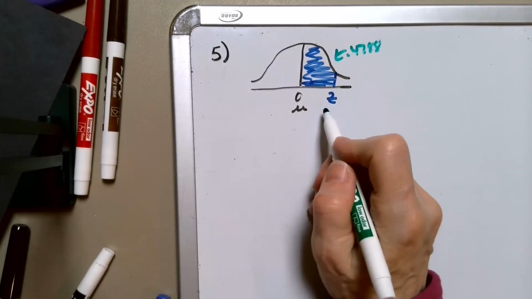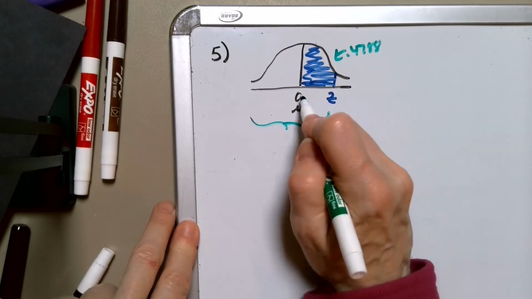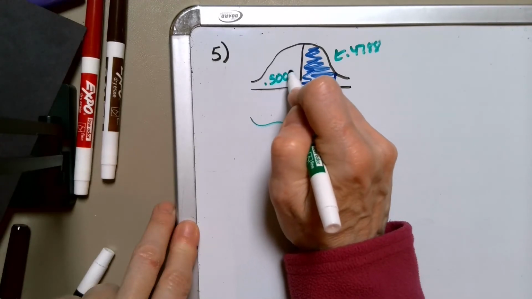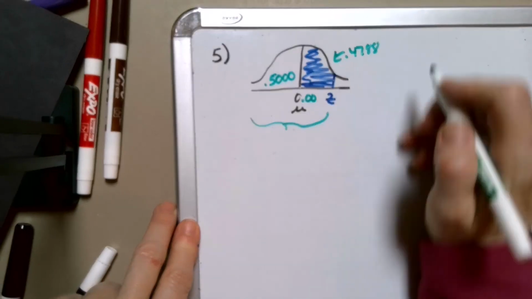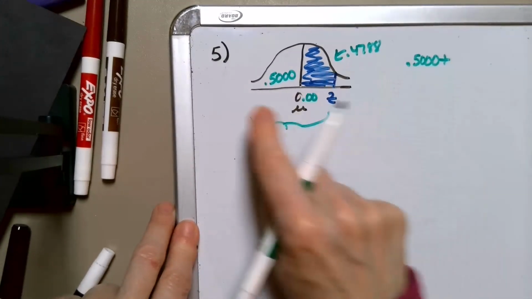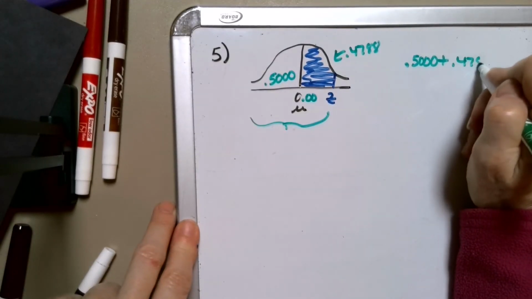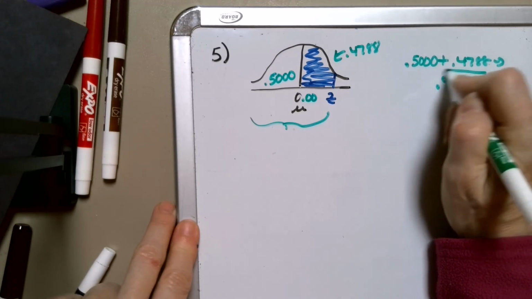Now, if I want to know this z-score, again, I need to know the area to the left. So I have to realize that the entire left side is 0.5000, by knowing it's 50% or by looking up 0.00. So for the total area to the left of z, I add the 0.5 plus the 0.4788 that was given, which gives me 0.9788.